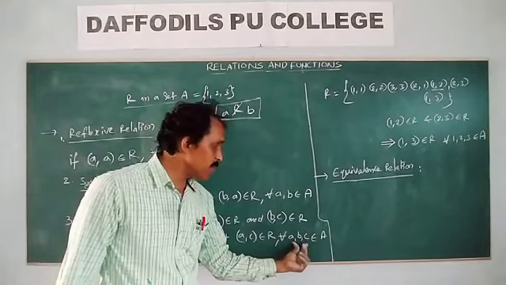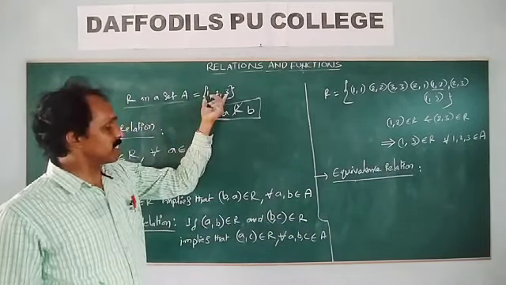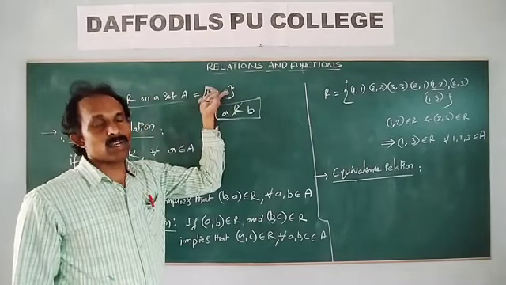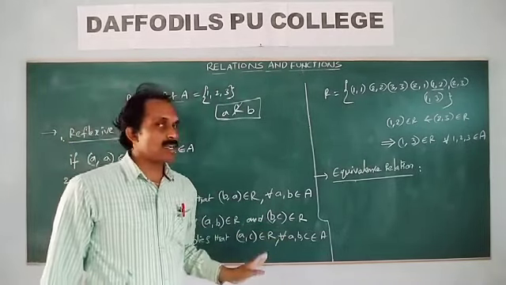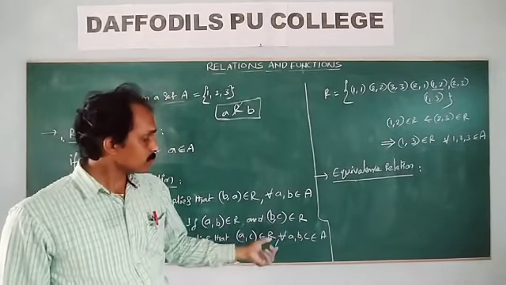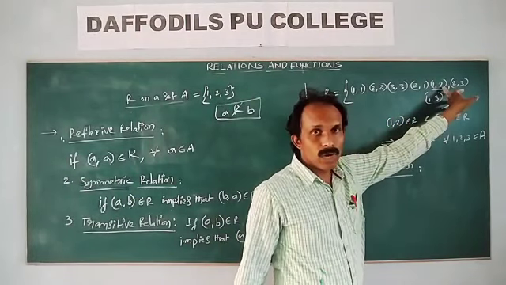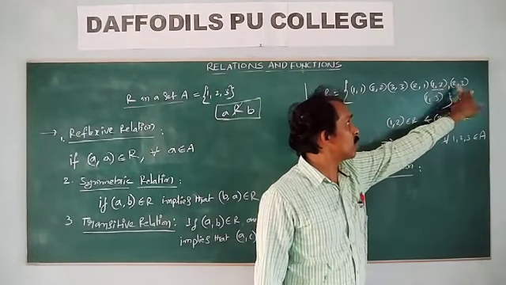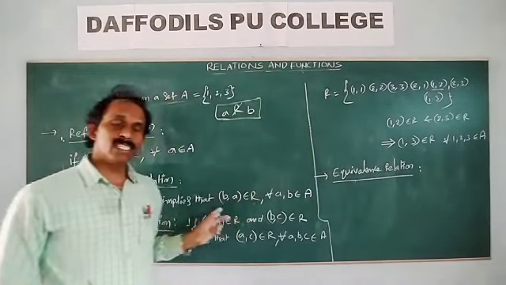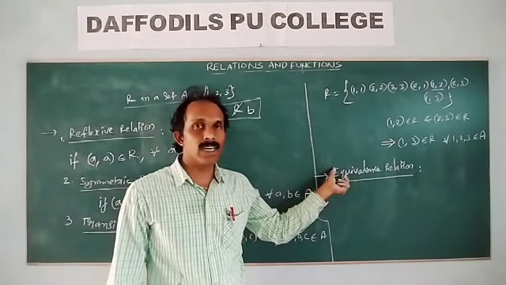We consider these elements compulsorily chosen from the set A on which the relation is defined; otherwise it is not considered a relation. Example: (1, 2) belongs to R, (2, 3) belongs to R, that implies (1, 3) also belongs to R. When these three properties are satisfied, the relation R is called an equivalence relation.